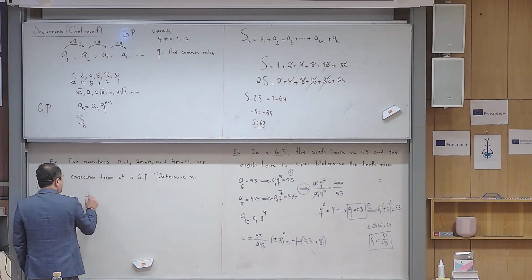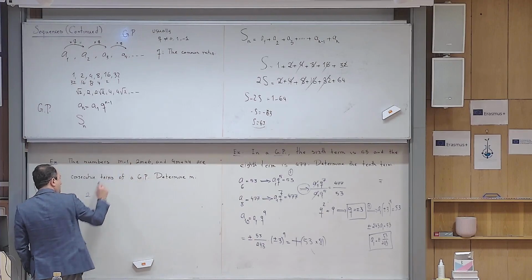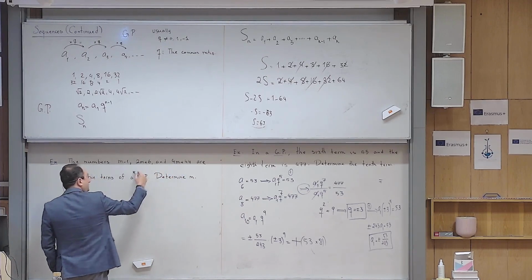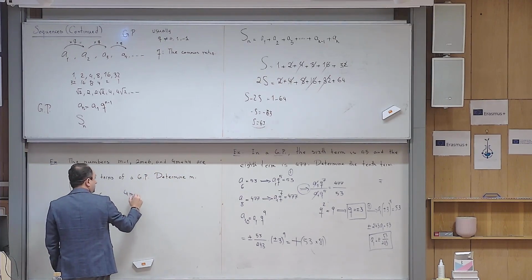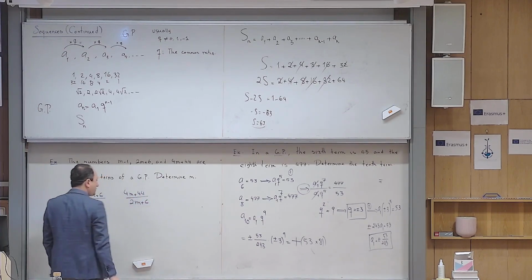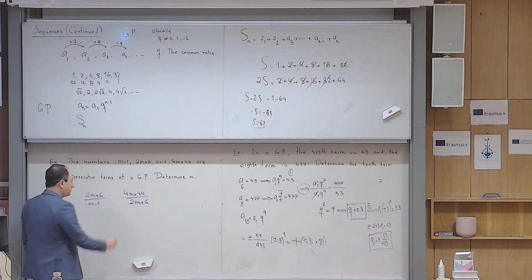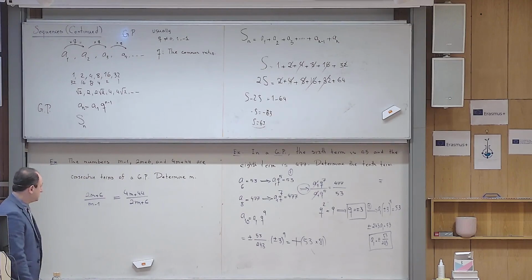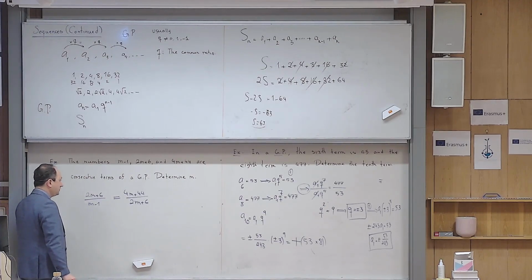Each term divided by its previous term should give the same ratio, otherwise this is not a geometric progression in the first place. So this is what you are looking for. You set up this equality and try to solve that.